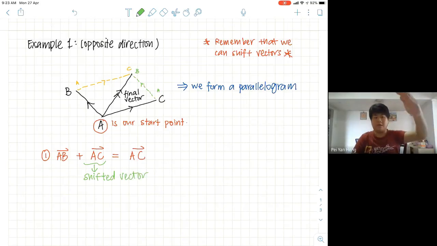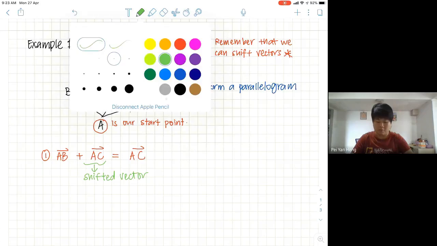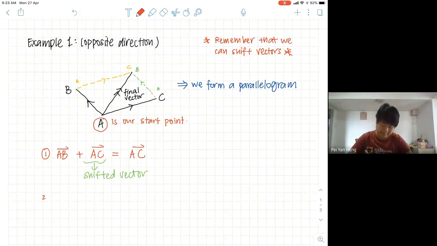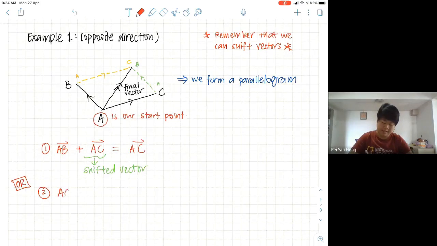We have shifted away from its original location to another place so that you can continue the pathway. Or you could see it as looking at AC, you start from A, you walk along AC, and then you continue with this vector AB. Right here, you will get vector AB.